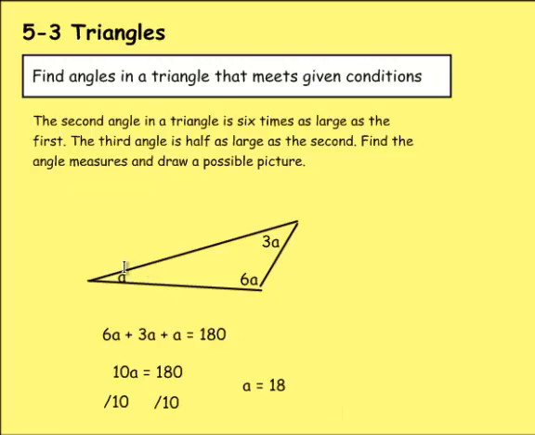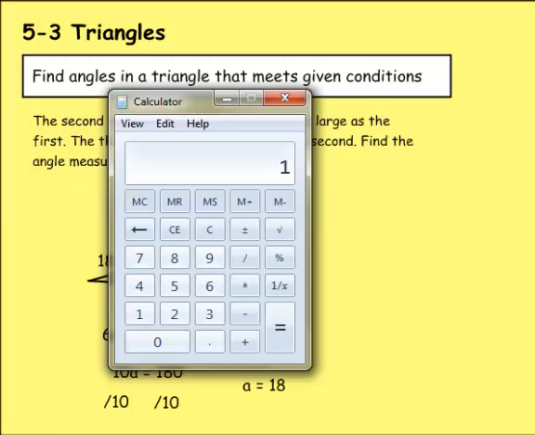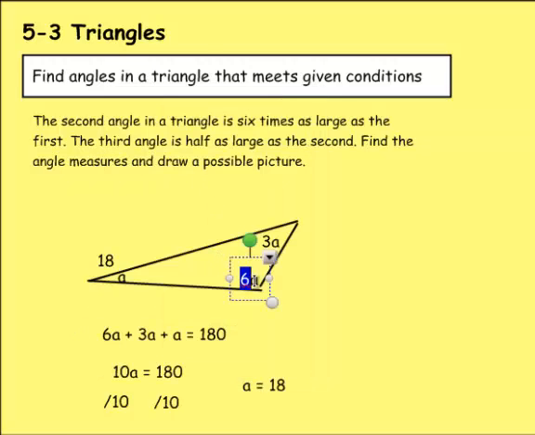And then I could say this would be 18 degrees, as that's just 1A. 6 times 18 down here, that'd be 108. So this is now 108 degrees. And then 3 times A here. So 18 times 3, this would be 54 degrees. Then I have solved this angle. If you want to check your work, you could see if this is 6 times as big as that, which it is, and you can see if this is half as big as that, which it is. So it follows all the directions of our word problem here.